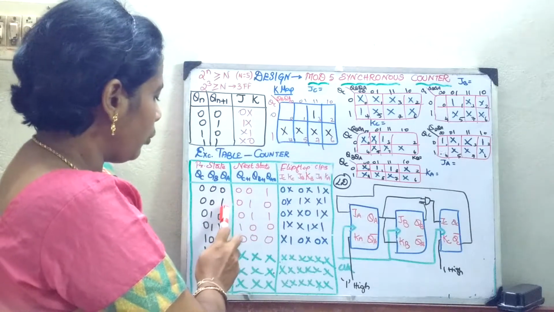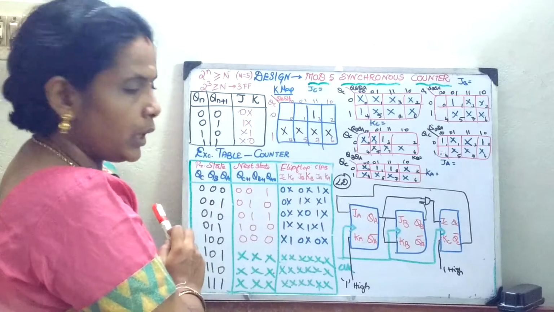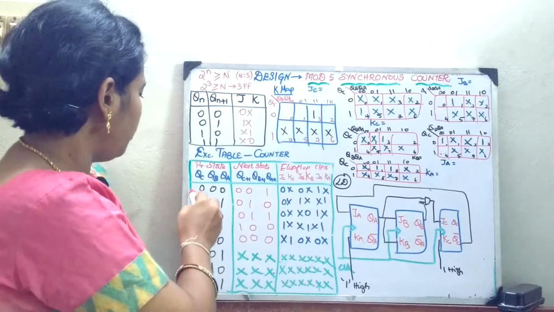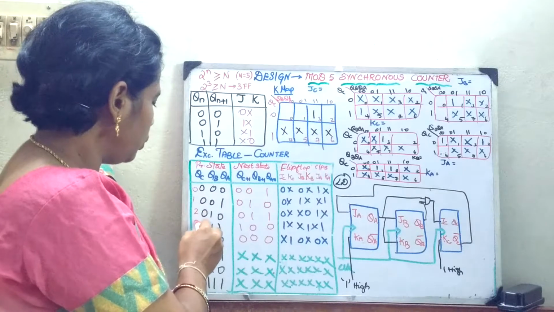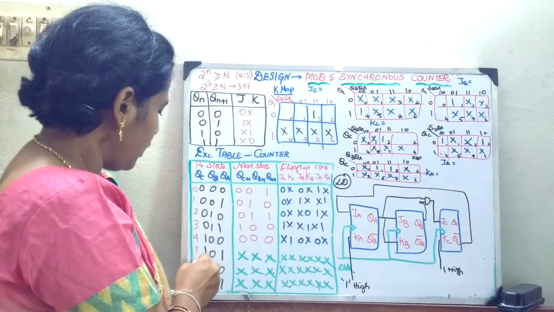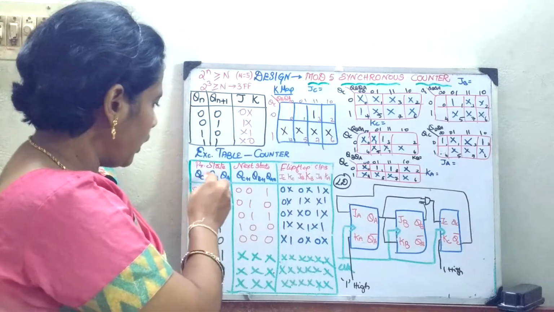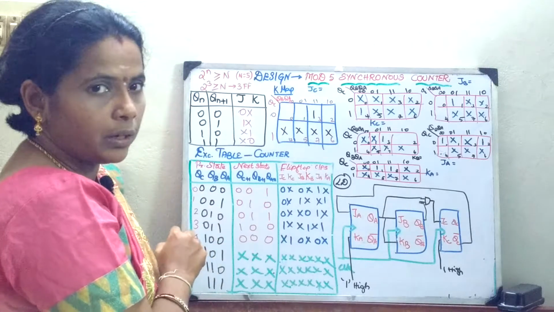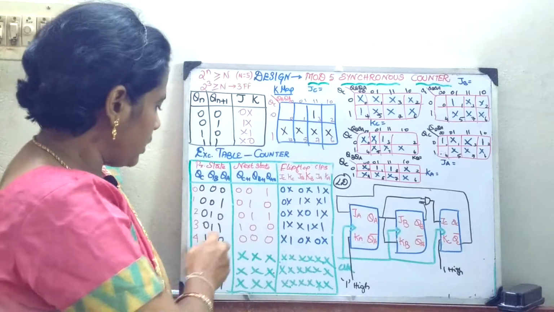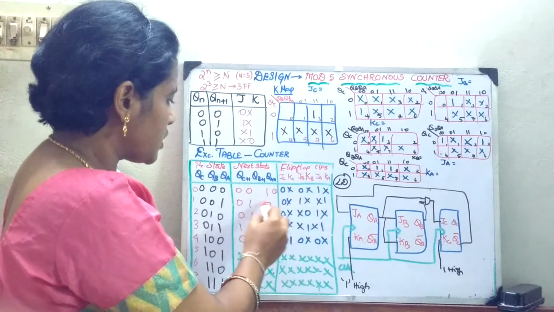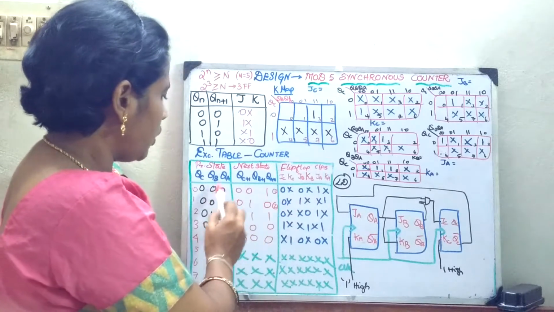For 1, what will be the next state? 2. If I write it here in terms of 0, 1, 2, 3, 4, 5, this is not included in the table, just for your understanding I am writing here. So, for 0 the next state is 1.